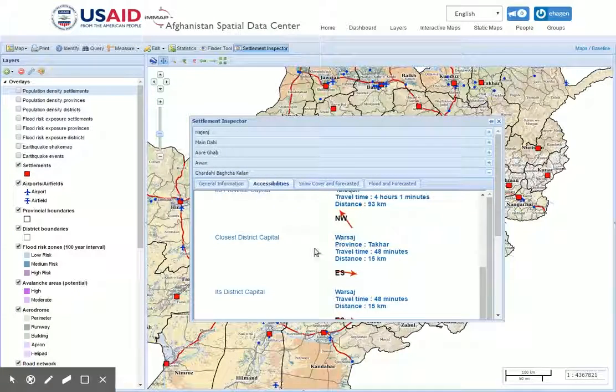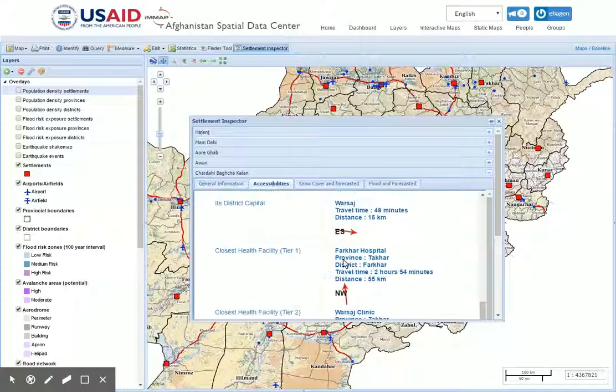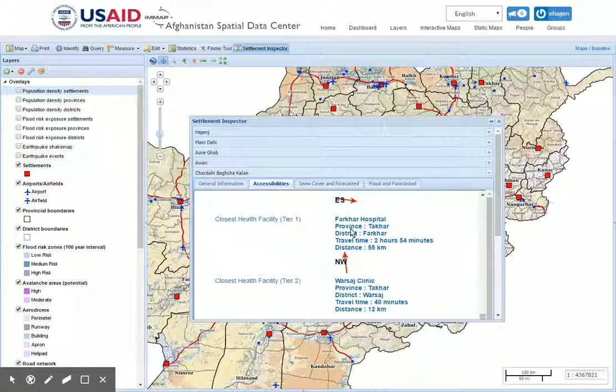Same with the district center. We have a district center and its administrative district center. And we have the various information on the health facilities. So the Tier 1 health facility, which might be a national hospital, a provincial, or a district hospital. In this case, it's about 2 hours, 54 minutes drive away.